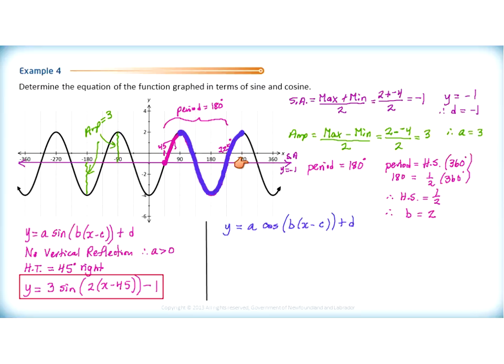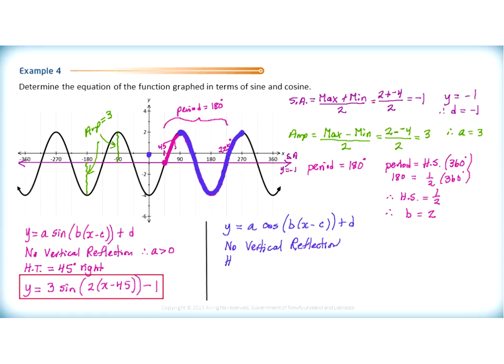So the only thing that does change is the parameter c. Normally the graph of cosine begins at 0, 1, but this graph begins at 90 and 2. So here we have, again, the V is in the right shape, so there is no vertical reflection.